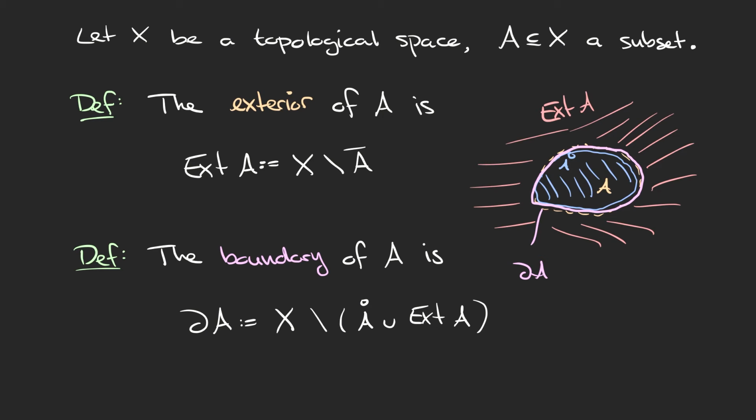For example, if we look at sets in R2, and we consider the epsilon ball, so that's the open epsilon ball around some point x, then it's the case that the interior of this open epsilon ball is the open epsilon ball itself. The closure of this open epsilon ball is the closed epsilon ball around x, and, well, the exterior is just the complement of the closed epsilon ball.